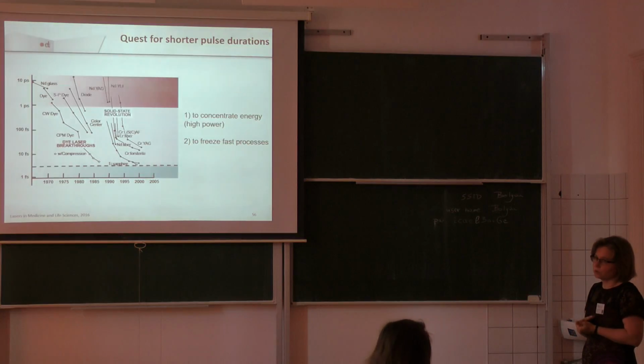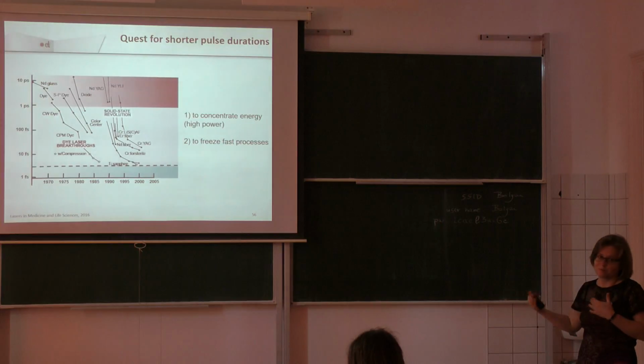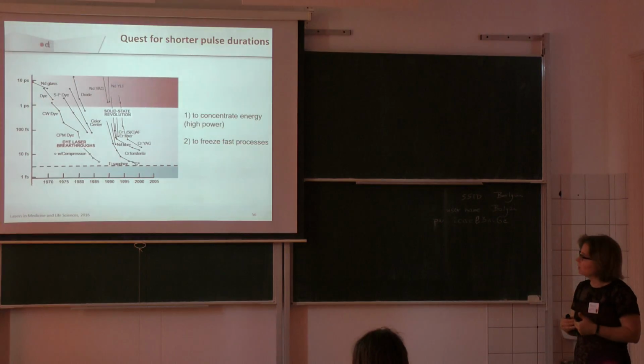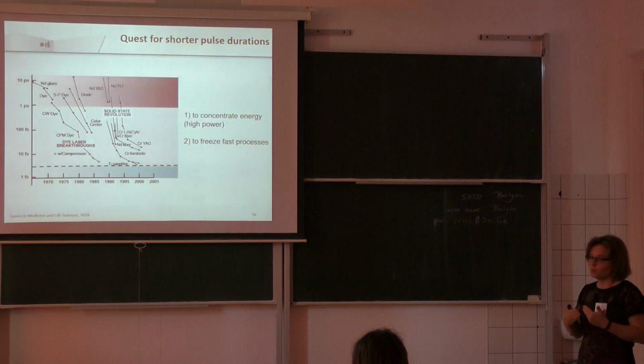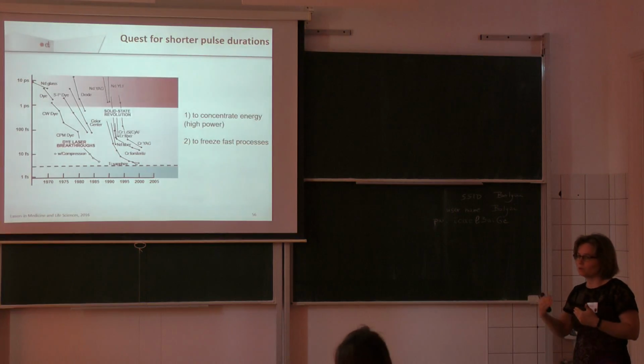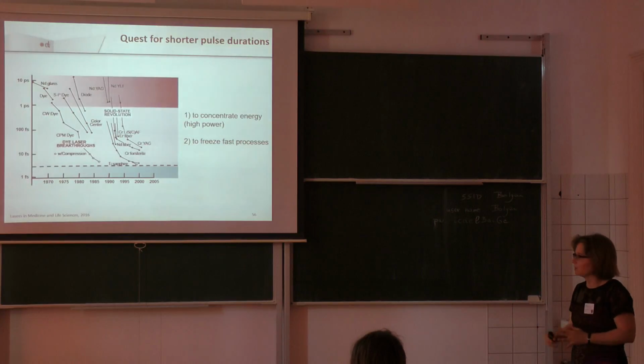Why do we want to make shorter pulses? Well, for us physicists to start with, because this is a challenge. You want to be shorter. You want to be able to show that you push to the limits.